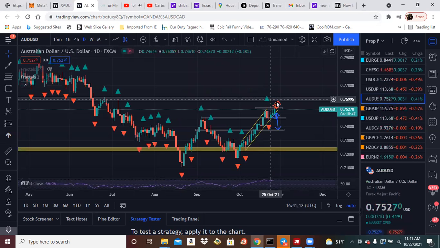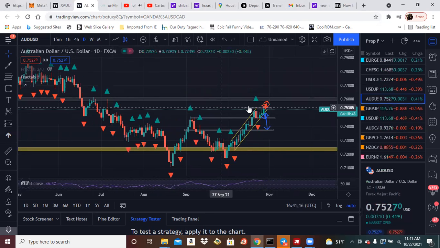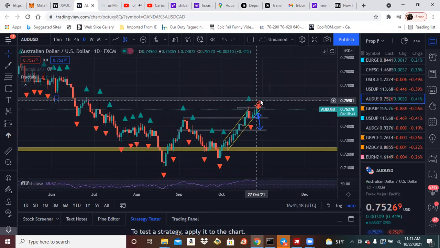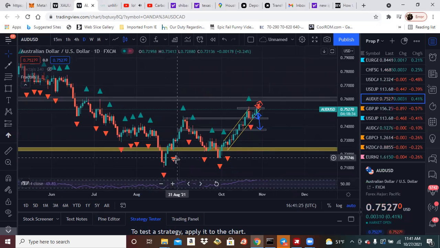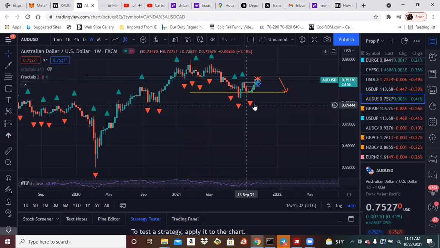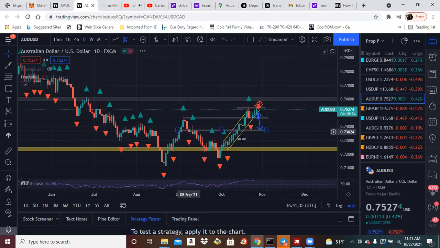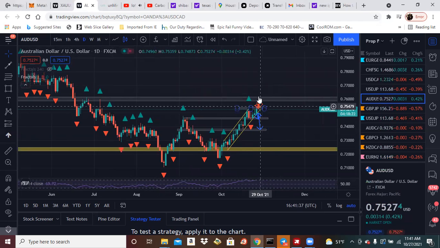If another daily fractal shows right here, like this is the power of fractals, that means a weekly fractal is gonna show up. As I can illustrate, you see all these fractals right here? 1, 2, 3, 4, 5 fractals on the daily. I bet you it was a weekly fractal right there. Bam, 3 weekly fractals because there were so many daily fractals right there. So I'm waiting for a double top and a fractal to show up on a daily. We're probably getting this sell.